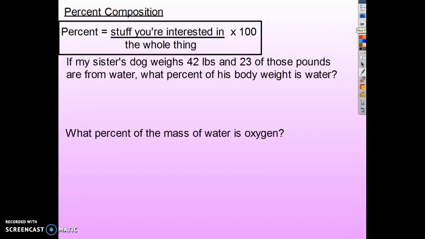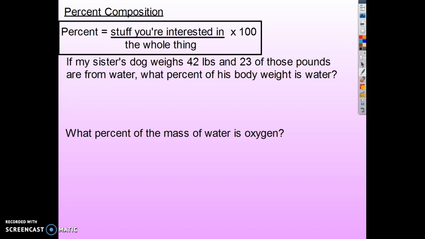One last thing we should look at is the percent of our mass that is made up of a certain substance. Any kind of percent, I think I've mentioned this lots of times, you'll calculate by taking the stuff that you are trying to find the percent of and putting that amount in your numerator, and whatever you're comparing it to, what it's a percent of, the entire thing, will go in the denominator.